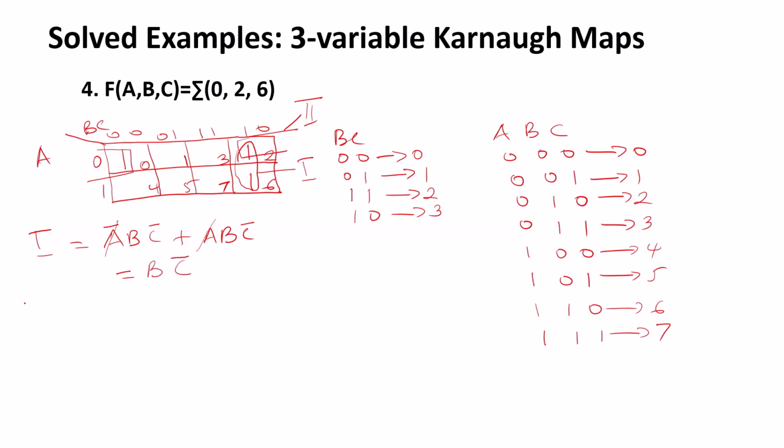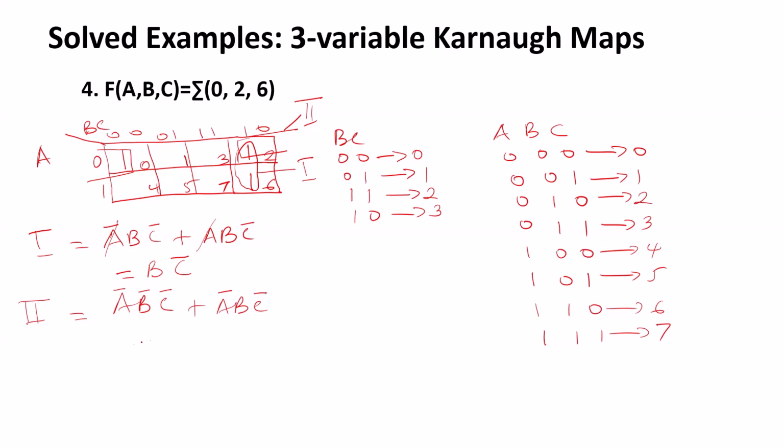So for the second one, we also have A, B, C plus A, B, C. So if you look at the first one, A is 0, which is A bar, B is 0, which is B bar, and C is 0, C bar. Then for the second one here, A is 0, which is A bar, B is 1, so it remains the same, then C is 0, which is C bar.